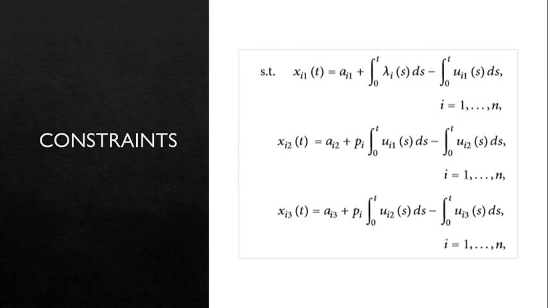exit their first stage. The second one states that the amount of class i patients in their second stage at time t is equal to the summation of the amount of class i patients in their second stage at time 0 and the amount of class i patients who enter their second stage, less the amount of class i patients serviced by server 2.